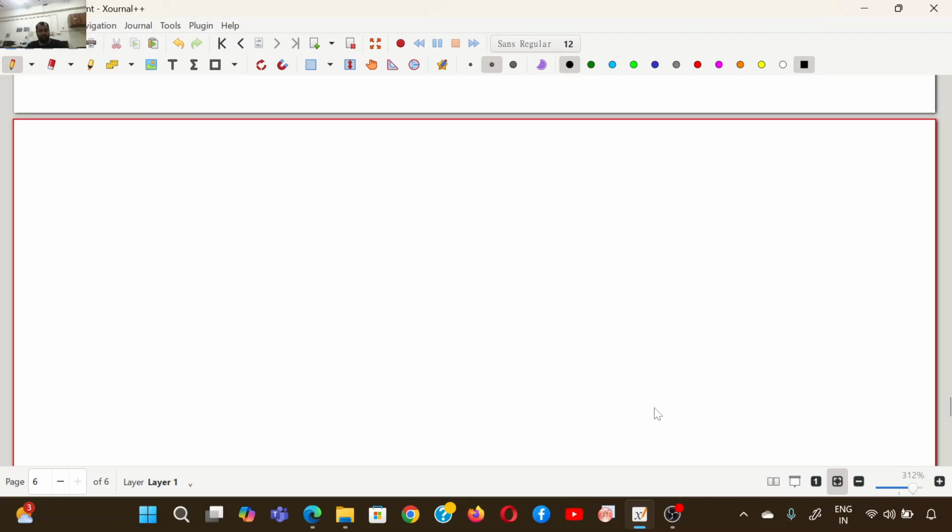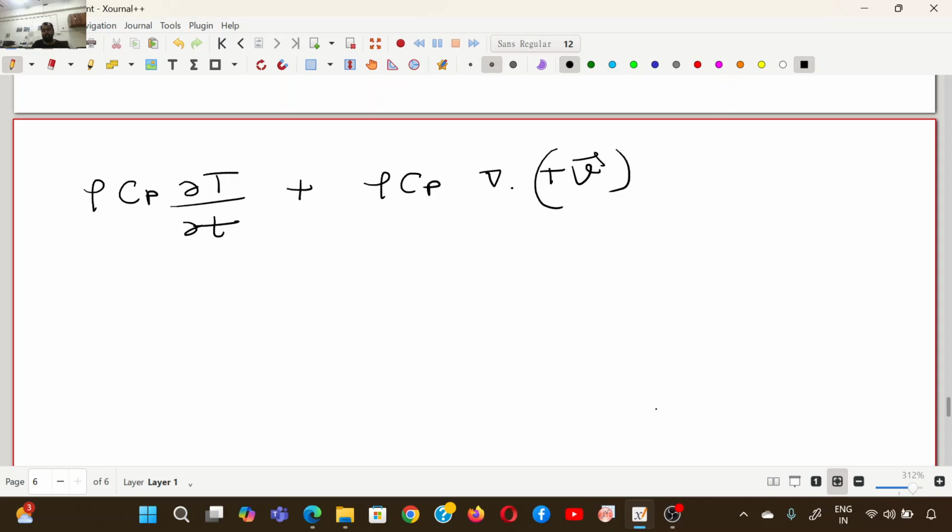So now if we simplify this, since rho and Cp are constant, let's take them out of this divergence operator. So this form of equation becomes rho Cp dou T by dou t plus rho Cp del dot (T v) is equal to k del square T, because q is equal to minus k del T. And obviously the H_V term will remain as it is.